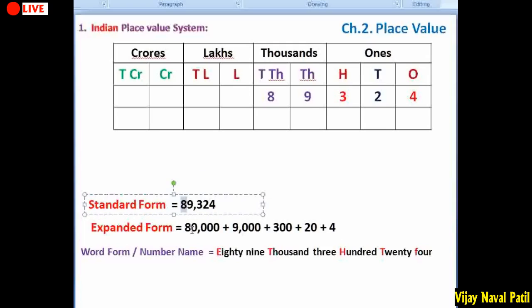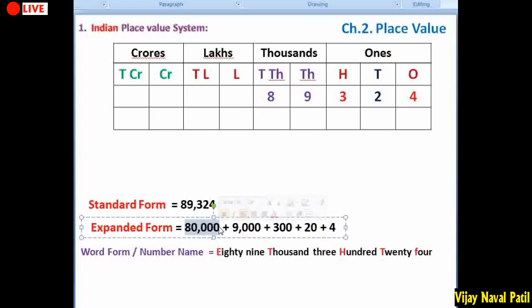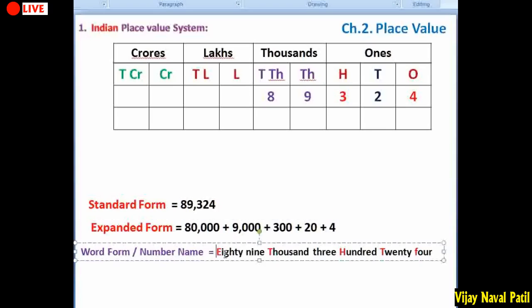So I wrote here, its place is at the 10,000 place, so that's why I wrote 80,000, then plus 9,000, then plus 300, then plus 20, then plus 4. Okay? And its word form will be 89,324. So as we are reading it, that will be its word form.